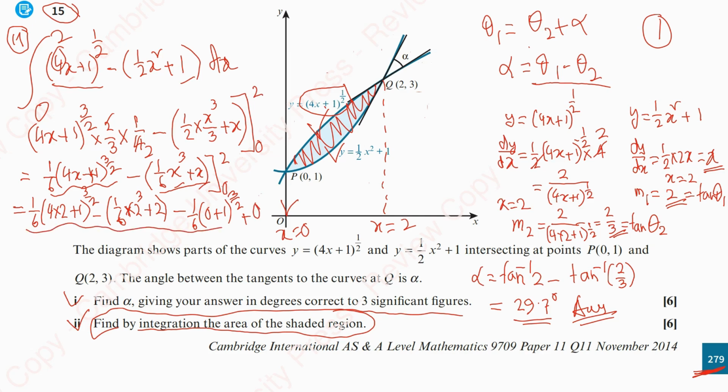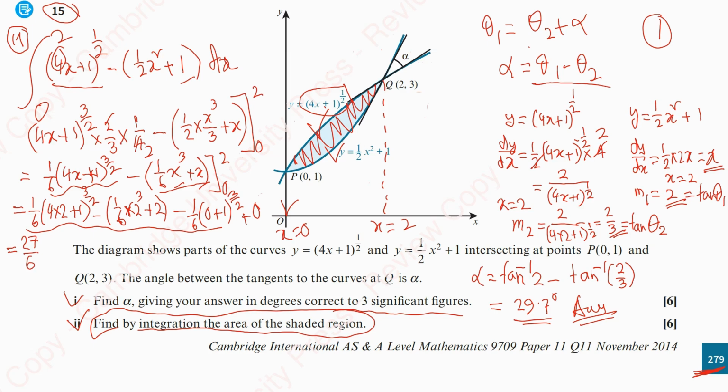We have to add these values and find the final answer. 4 into 2 plus 1 is 9, the square root of 9 is 3, and 3 cubed is 27, so from the first part we got 27 by 6.